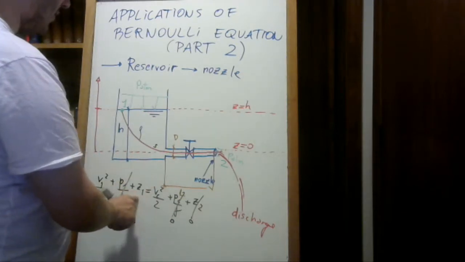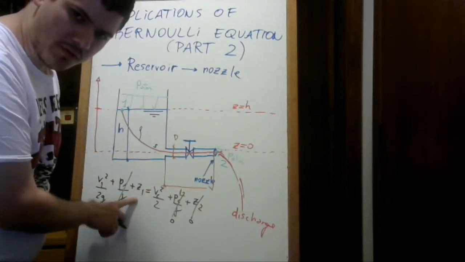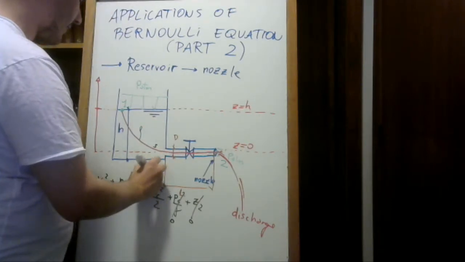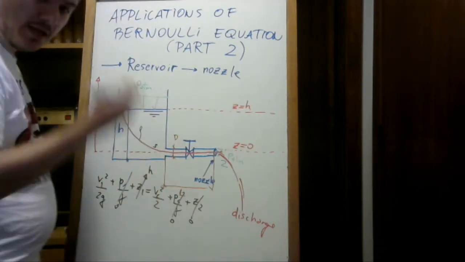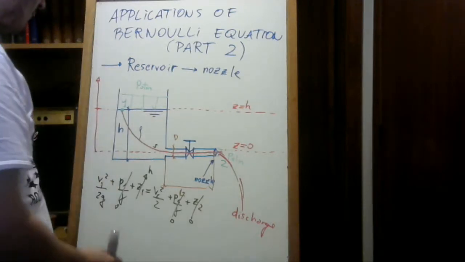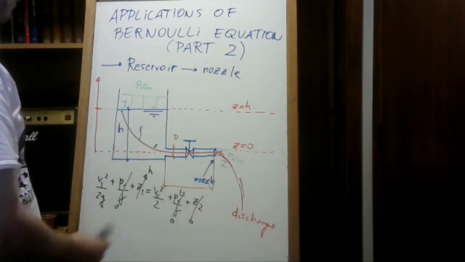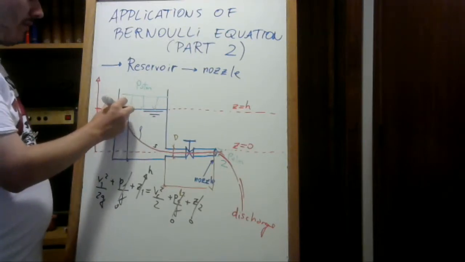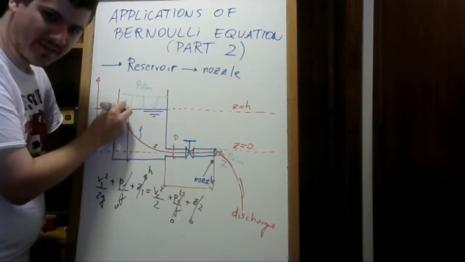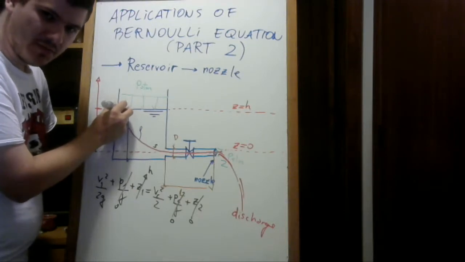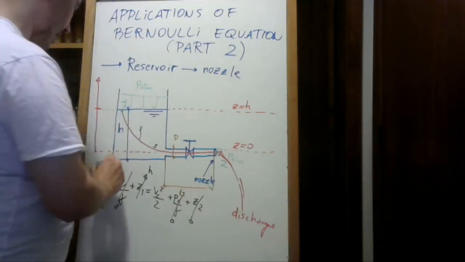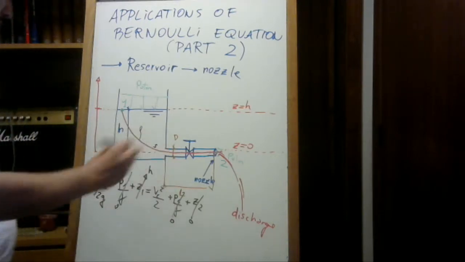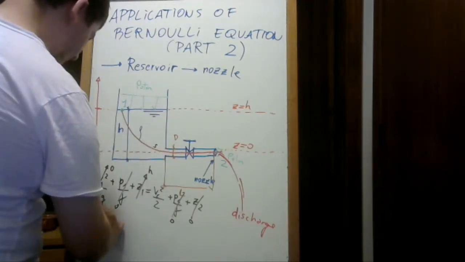Well, z1 is equal to the height of our reservoir, so it's equal to H, right? And of course, the flow at point 1 is at rest, so its velocity must be 0. So this term also vanishes.